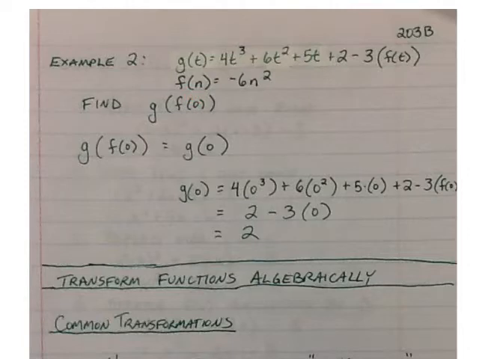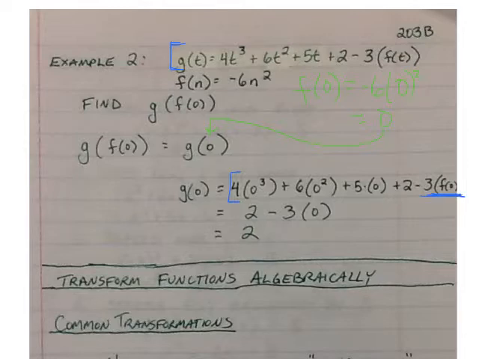So we plug in 0, and f of 0 is negative 6 times 0 squared, which is equal to 0. And we plug that in for f of 0. So what we're evaluating is g of 0. We go back up to our g function and plug in 0 for our variable. So we get 4 times 0 cubed plus 6 times 0 squared plus 5 times 0 plus 2 minus 3 times f of 0.